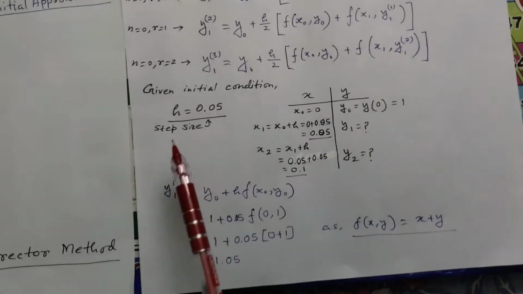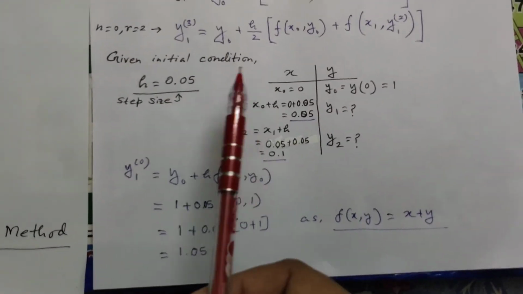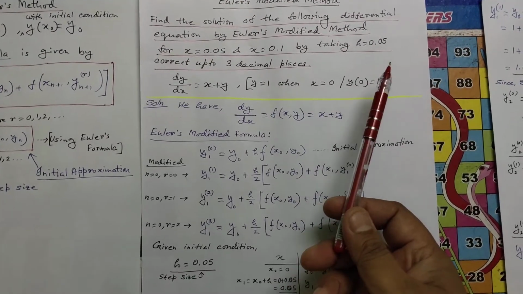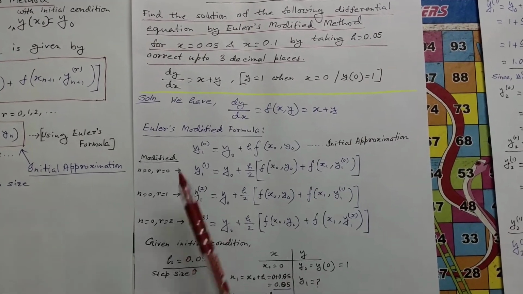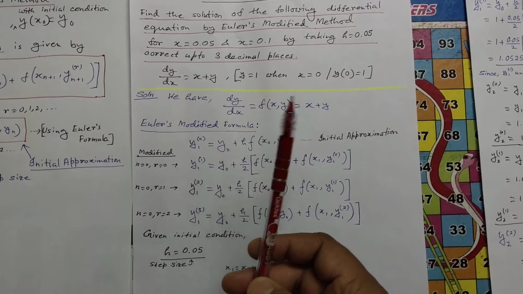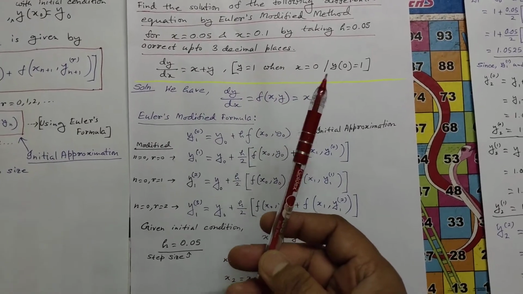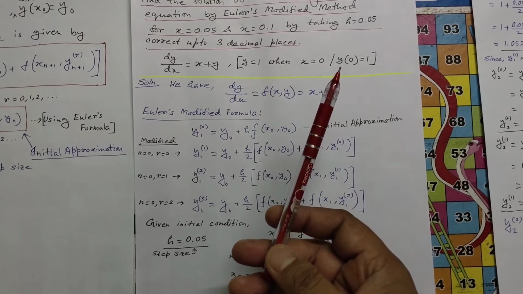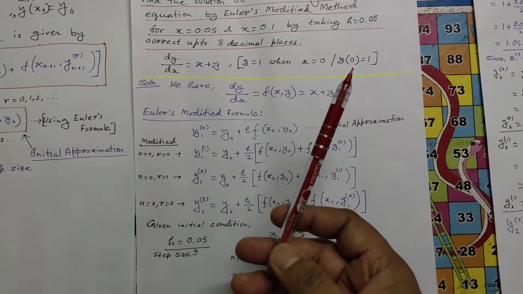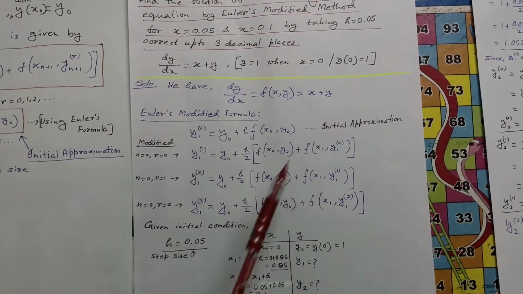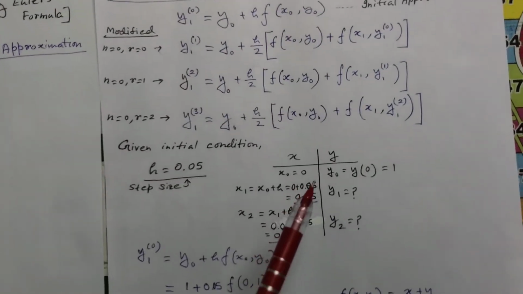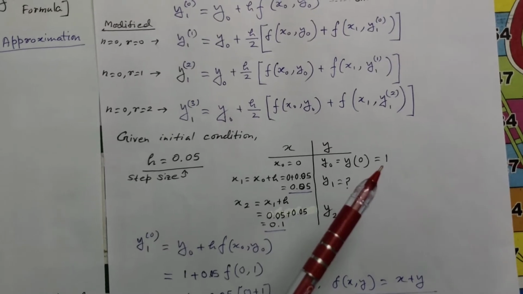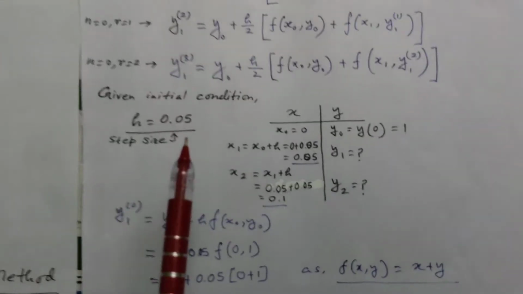Now, given the initial condition according to the question, h equals 0.05, the value of x0 is 0, and y0 is 1. So x0 equals 0, y0 equals 1, and h equals 0.05.